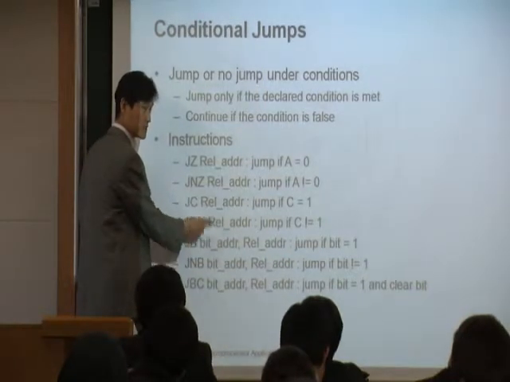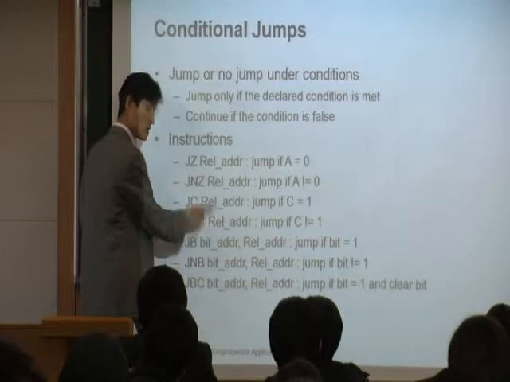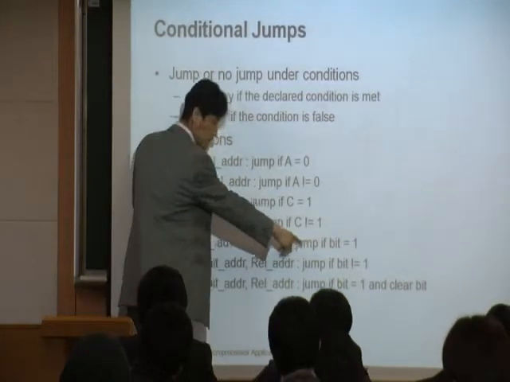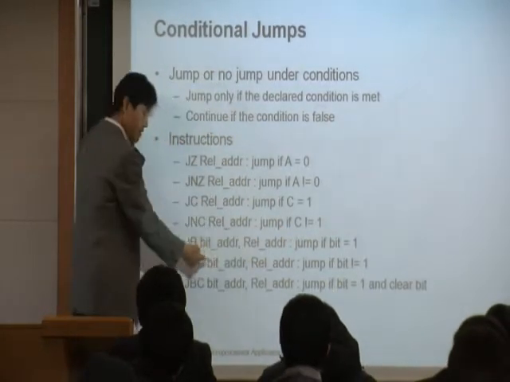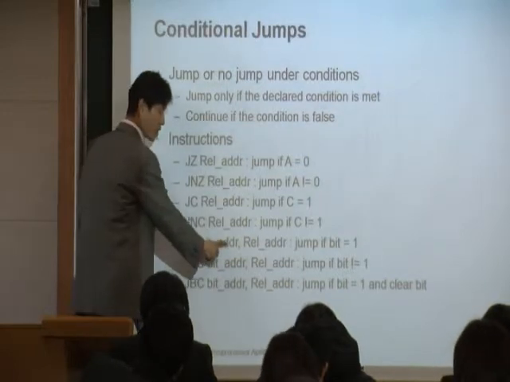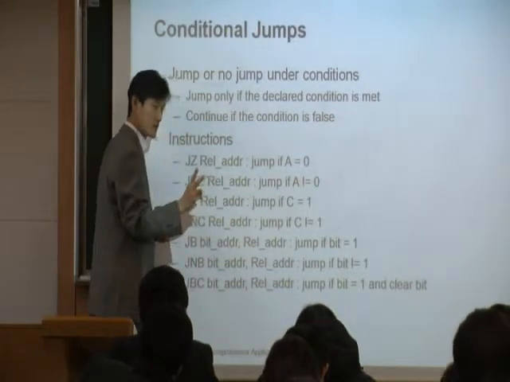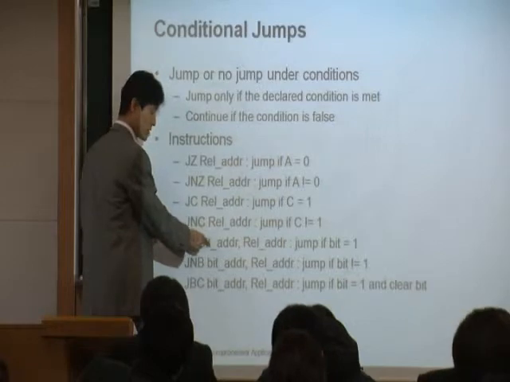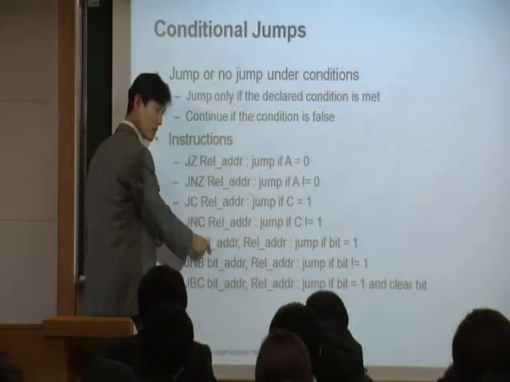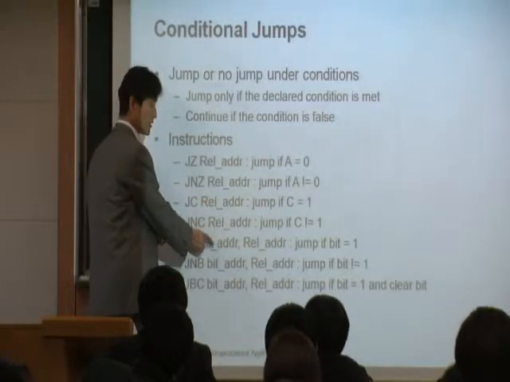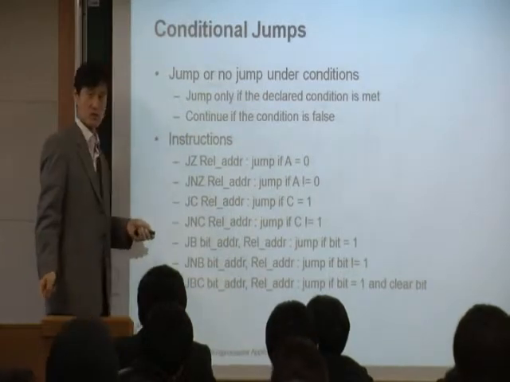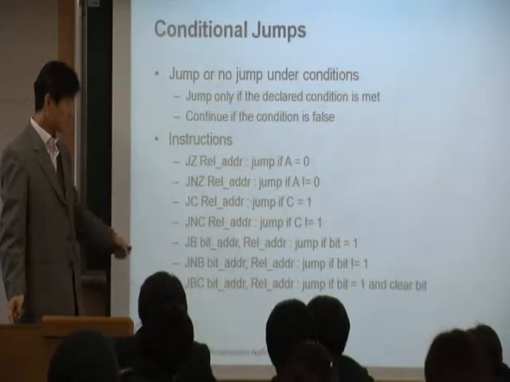If this bit is 1, then you jump to this one. So what this means is you need one more operand. We need 2 operands. We first go to this address and look at the bit. If this one is 1, then you jump to the relative address. So you need 2 operands.